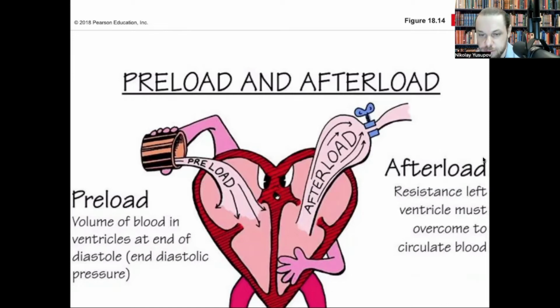Afterload is all the forces that the ventricle has to overcome in order to eject the blood. If you have, let's say, a blood pressure of 200 over 100, the left ventricle has to overcome the 200 systolic in order to eject the blood. This is like the clamping down, the afterload here.